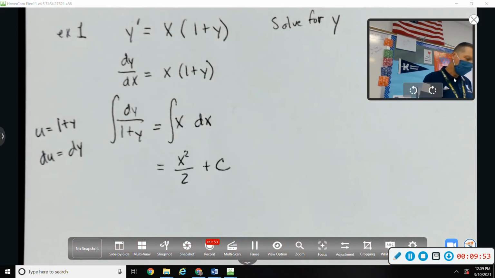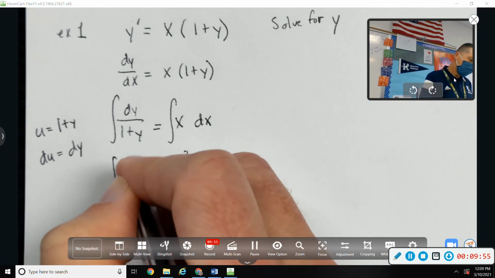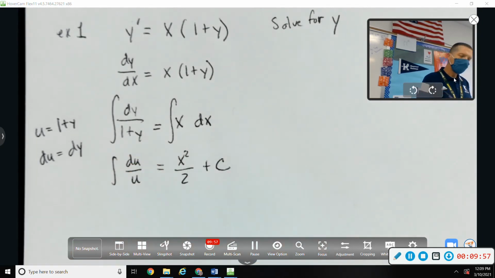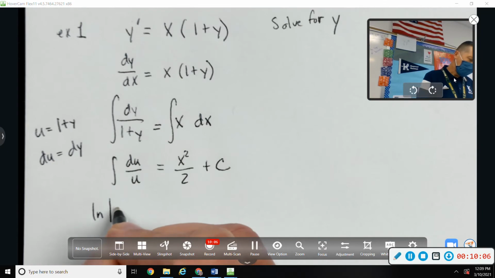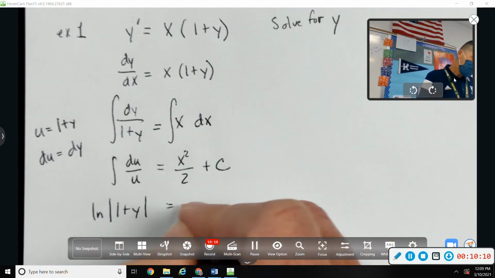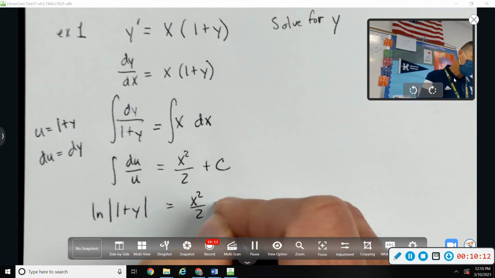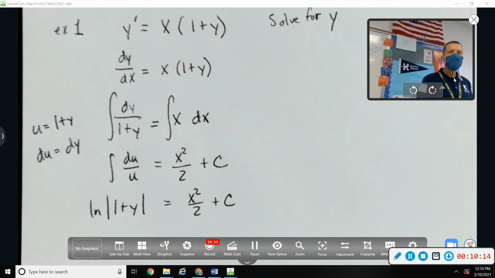Du then is just dy. So the integral of du over u is the natural log of u. So the natural log of the absolute value of 1 plus y equals x squared over 2 plus c.